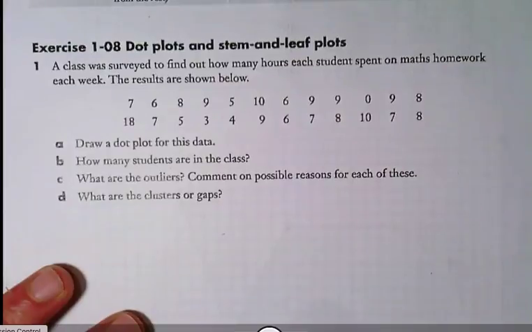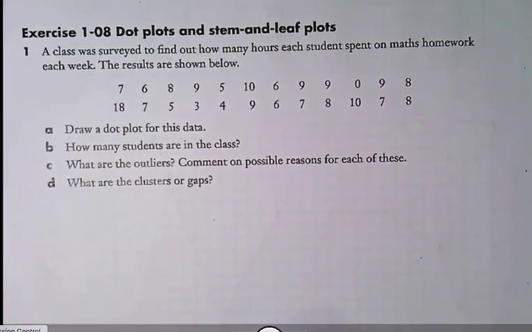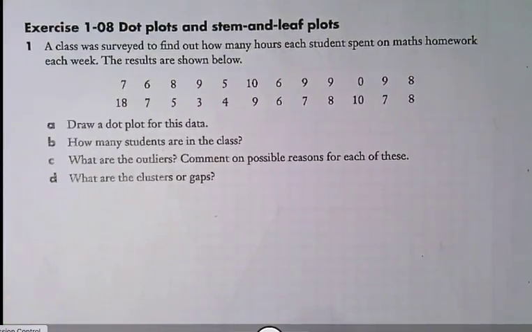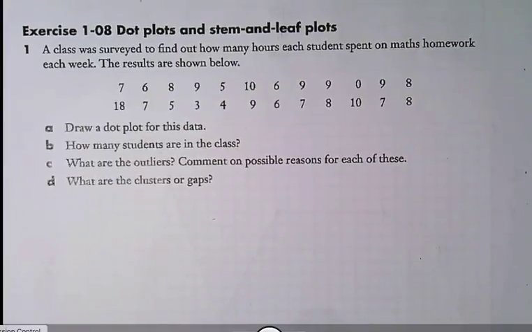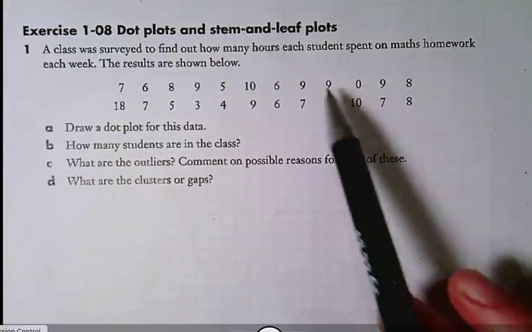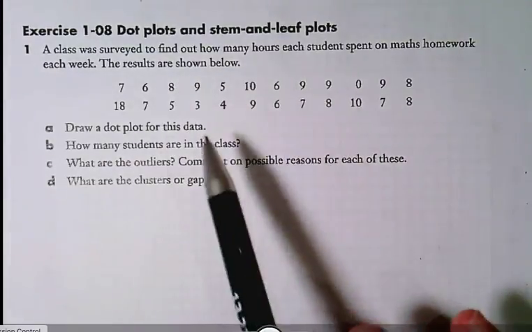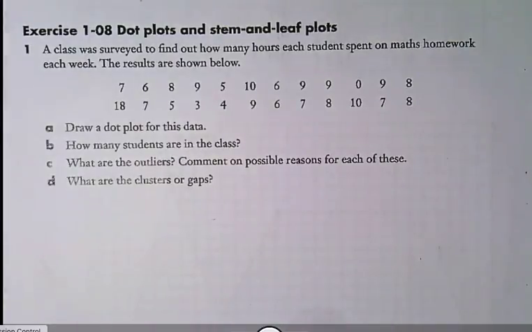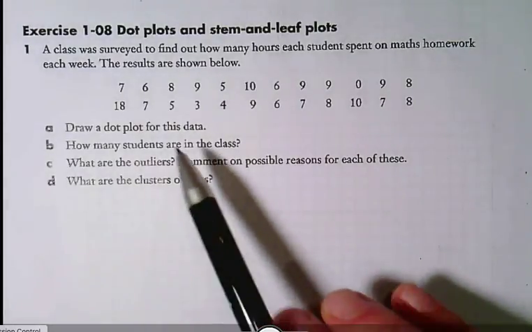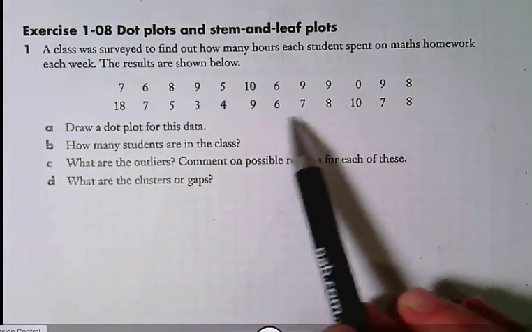All right, just looking at a few questions from the exercise. So the first question in exercise 1.08 says a class was surveyed to find out how many hours each student spent on maths homework each week, and the results are shown there, and we have to draw a dot plot. So before you draw your dot plot, we need to look at the highest score and the lowest score.